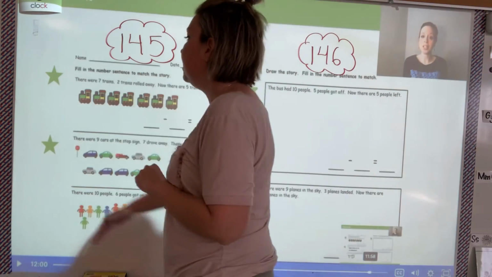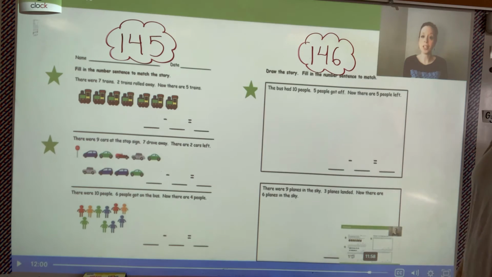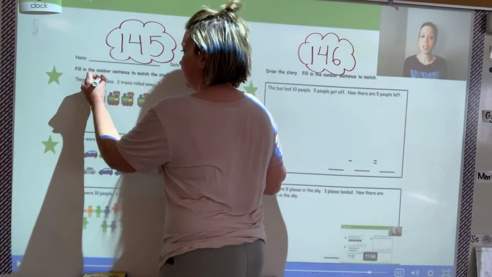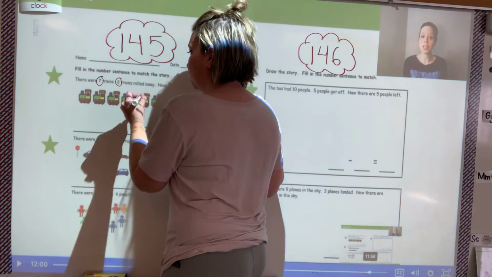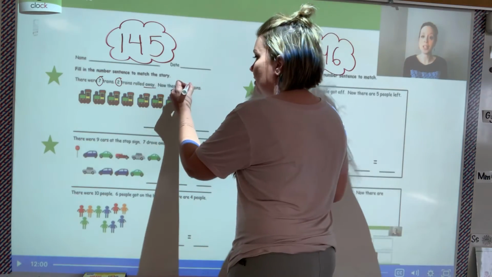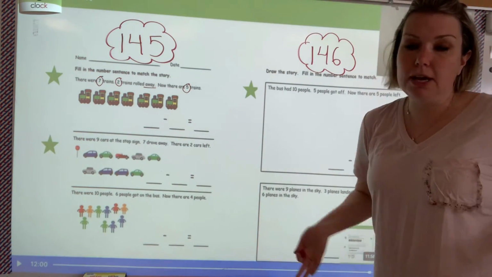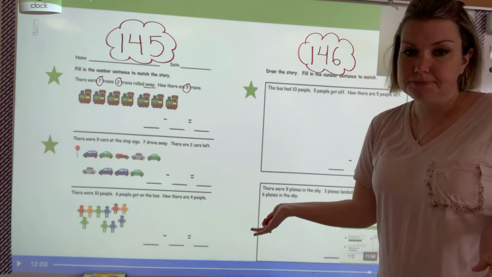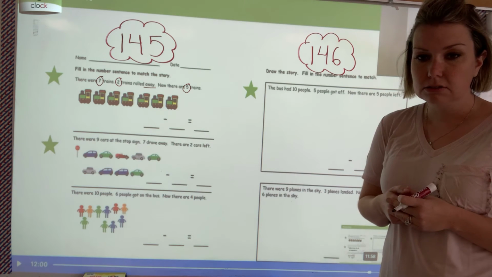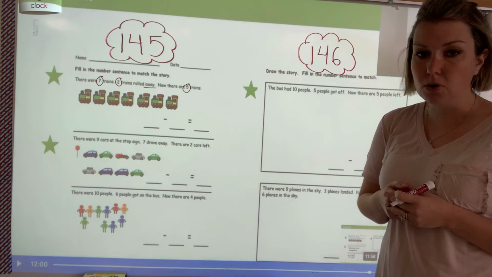Okay, fill in the number sentence to match the story. There were 7 trains. 2 trains rolled away. Now there are 5 trains. What should I do to help me solve this problem? Raise your hand if you can help me. Nicole?